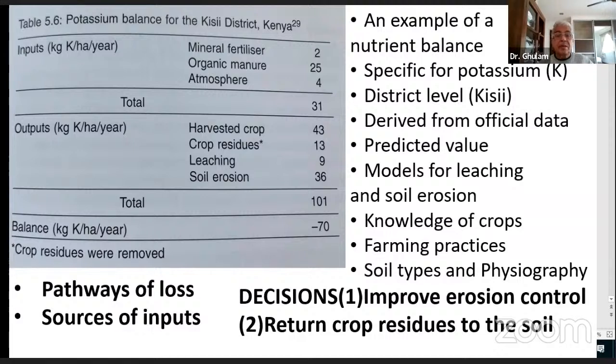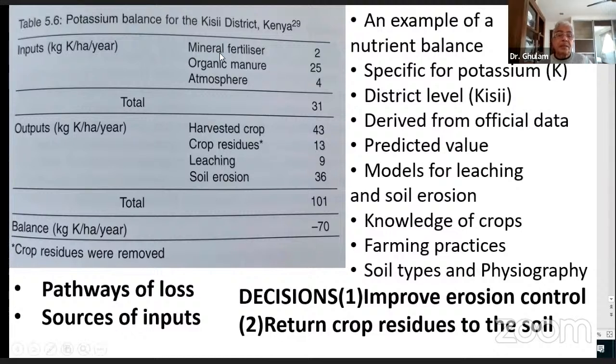It is very interesting because I'm sure the author had access to a lot of information about the agricultural activities and situation in the Kisii district in Kenya. And he managed to draw up this table showing the inputs of potassium in this case. K is potassium, and then the outputs of potassium for that particular district on a district scale with all the information that he has access to.